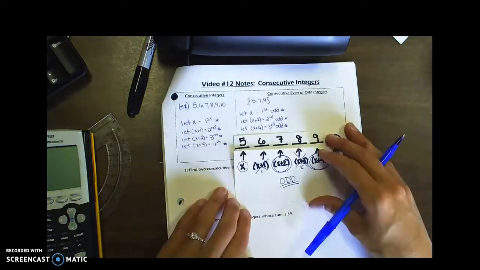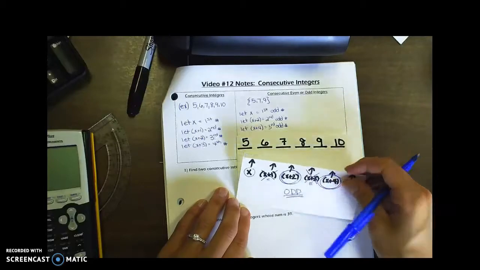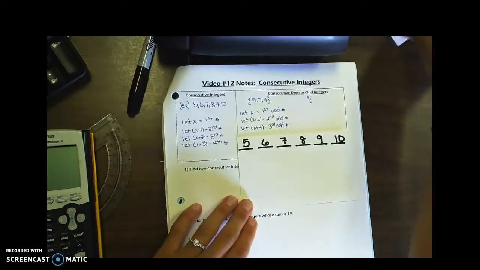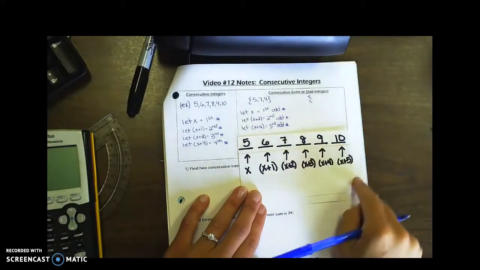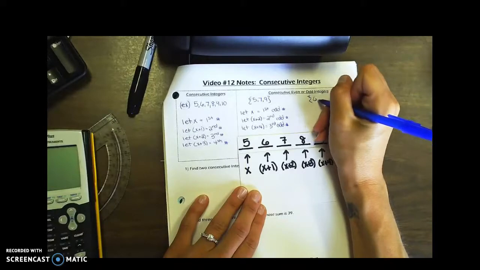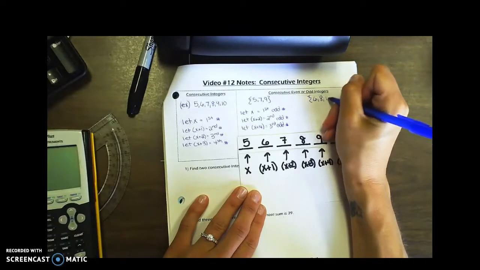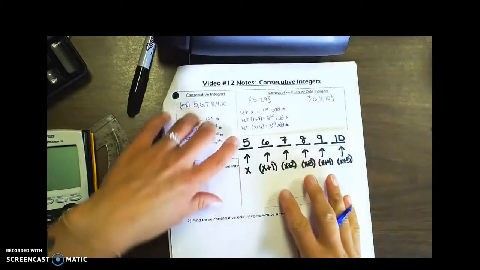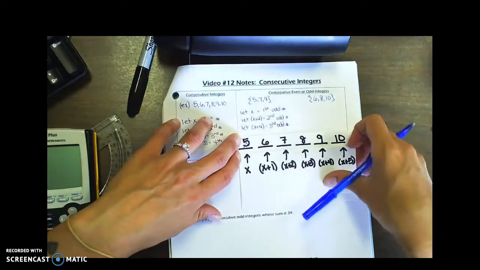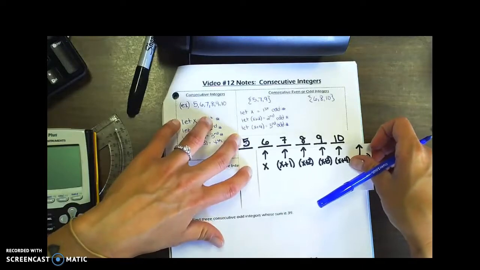All right, so let's take a look then. Instead of consecutive odd, now let's take a look at even. So in this case, if I match it up here, we want the even number. So my first even number would be 6. So I want 6, 8, 10. So what I'm going to do now, I don't want 5 at all. So my x is supposed to be the starting number, so I have to slide this down.